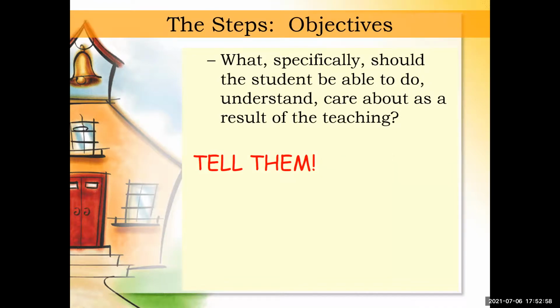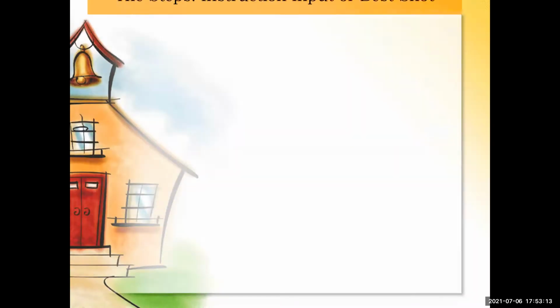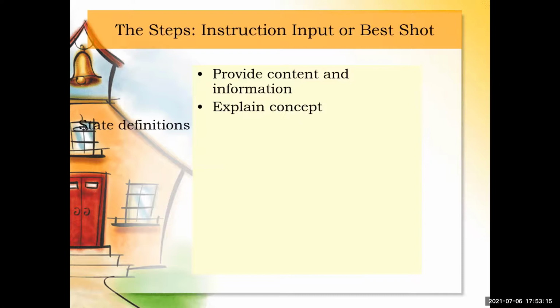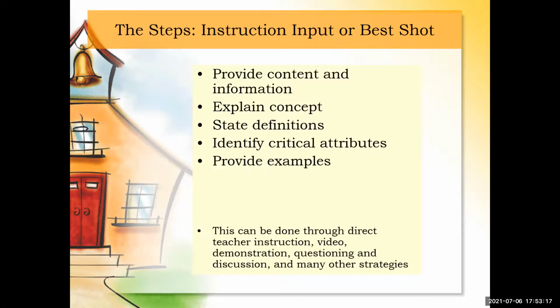So when you are explaining the objectives of your lesson, you have to tell your students what specifically will your students be able to do at the end of the lesson. What will they understand? You should provide content and information. You should explain the concept. You should give some definitions.